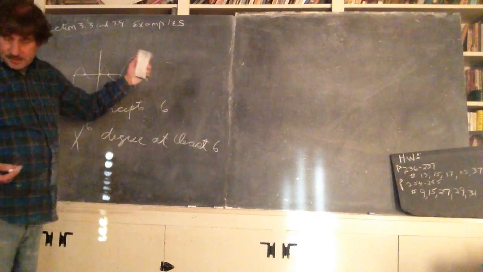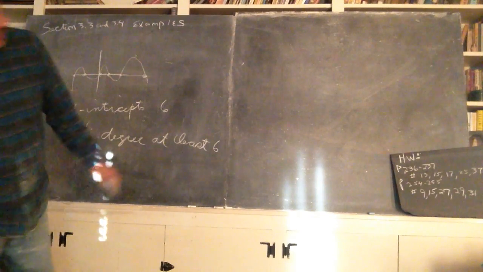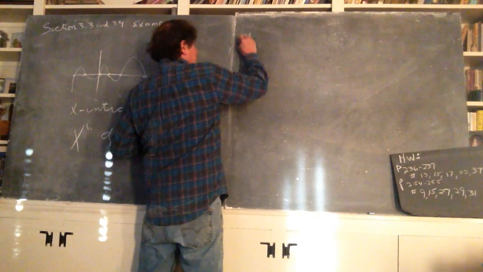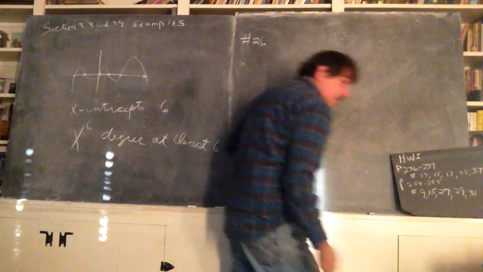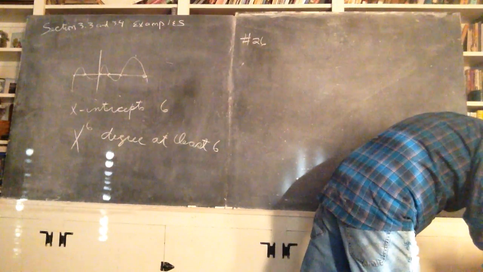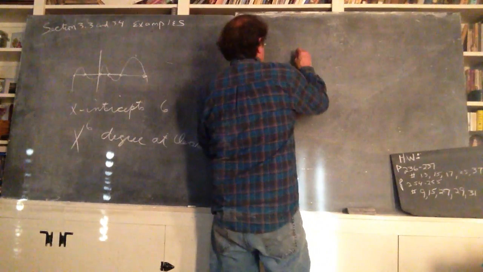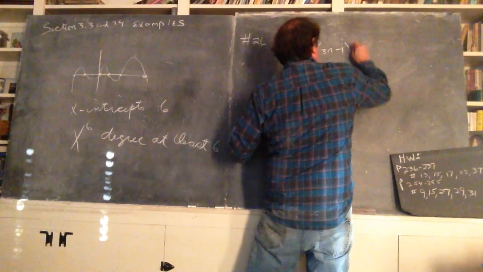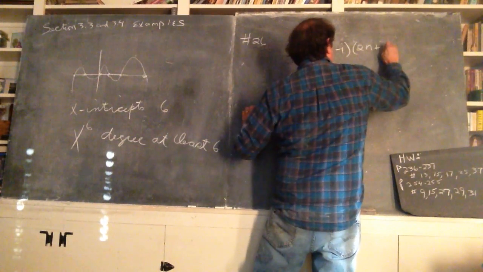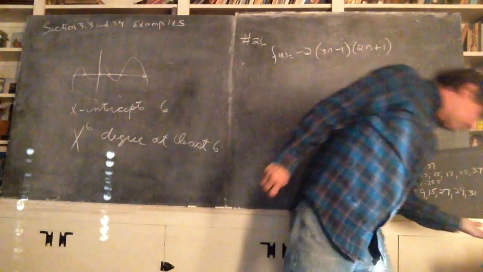So this is number 26 on that page, 236. It's f of x equals (3n minus 1)(2n plus 1), negative 2, and it says determine the zeros.